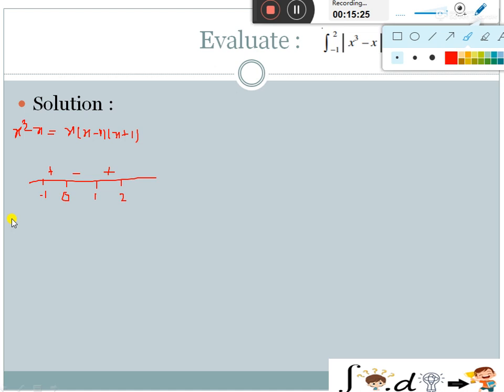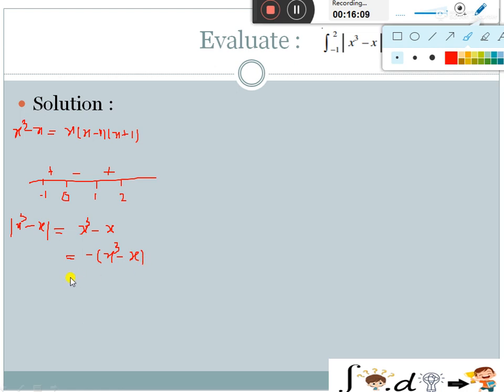That means the modulus of x cube minus x is equal to, in the first interval, where we have a positive sign, x cube minus x. In the second interval, in between 0 and 1, we have a negative sign, that means minus of x cube minus x.